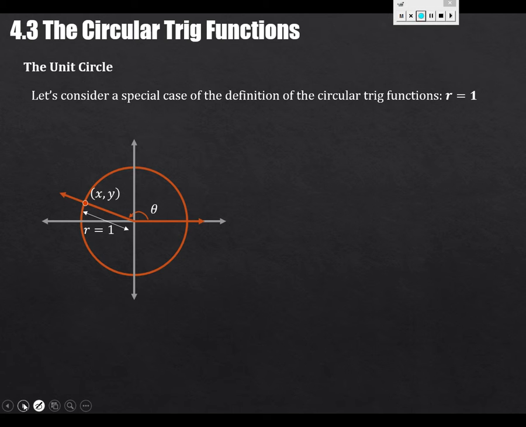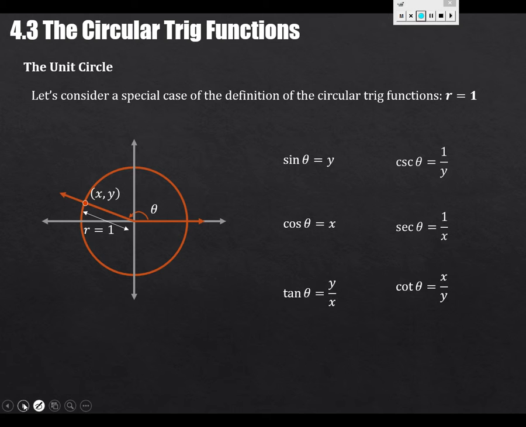Like what's the cosine? The cosine is x over r, isn't it? So if r is 1, just like yesterday we said, I love dividing by 1, then all these definitions get simplified. We like it. Again, it's an arbitrary choice, so why not make it easy for us?